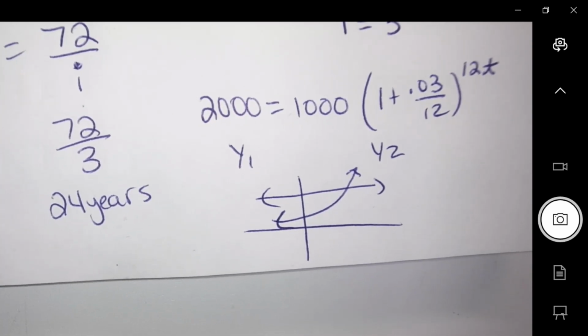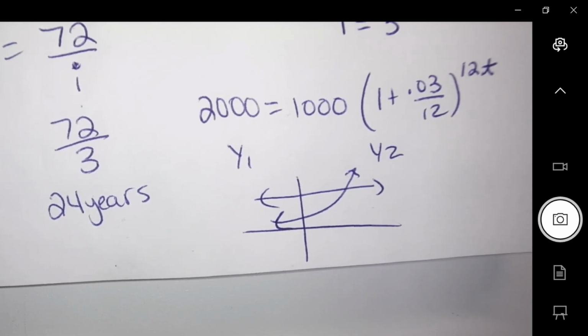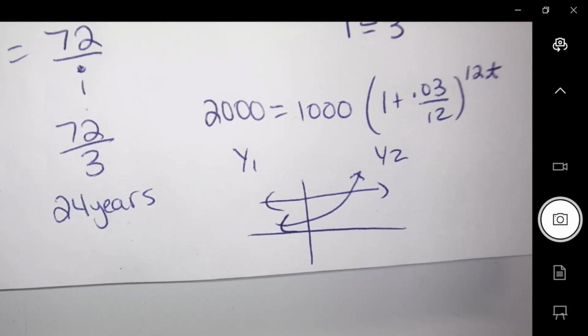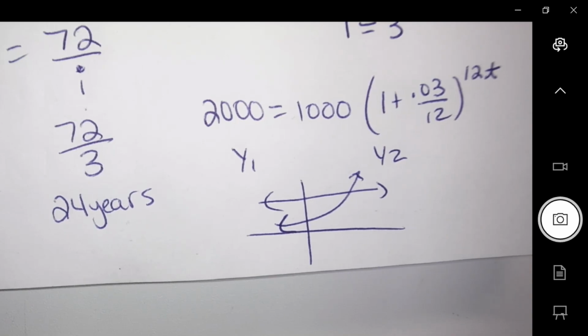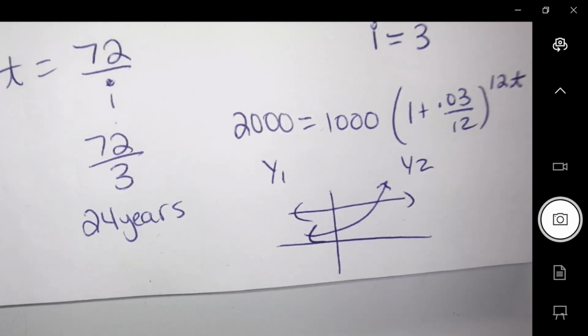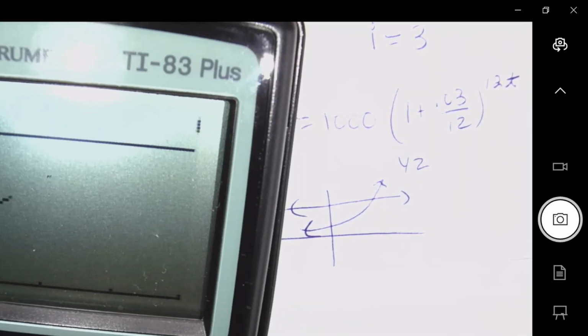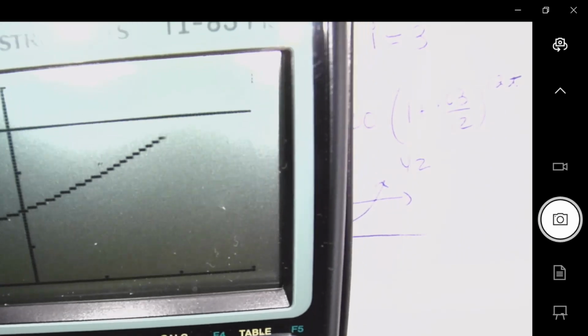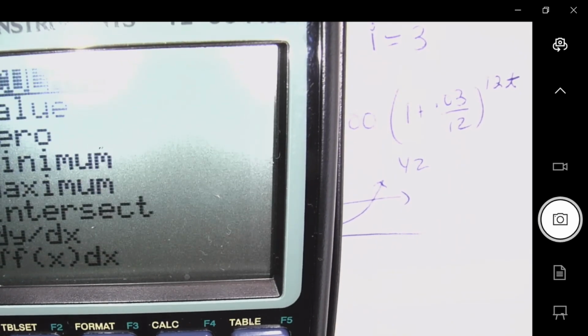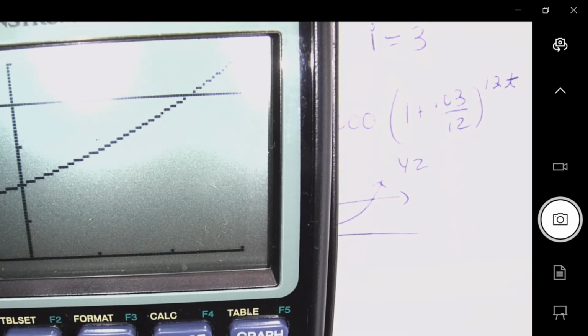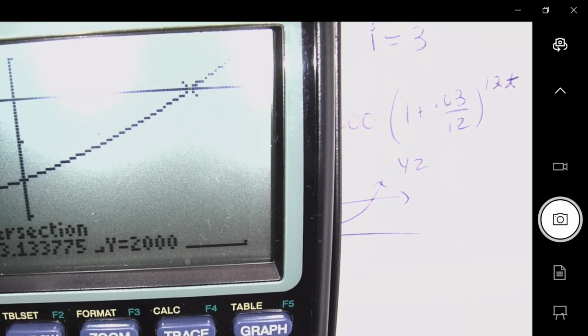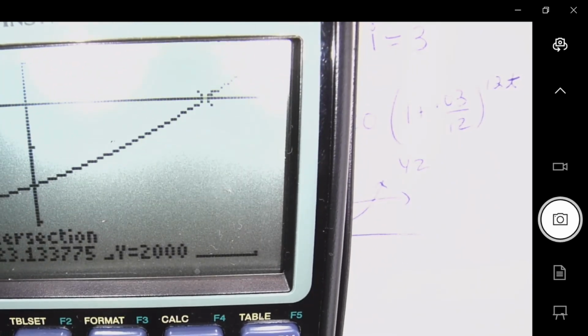Because we just estimated. So you have most of that in your calculator, so just go in there and change a few things. Calculate, intersection. 23.13 years.